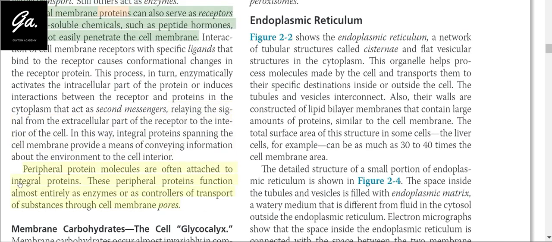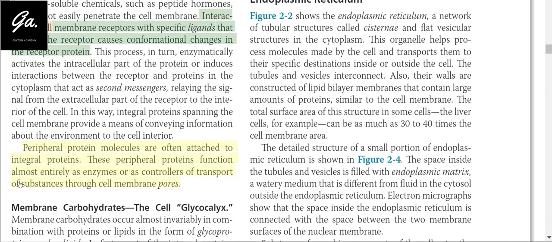Integral membrane proteins can also serve as receptors for water-soluble chemicals, such as peptide hormones, that do not easily penetrate the cell membrane. Interaction of cell membrane receptors with specific ligands that bind to the receptor causes conformational changes in the receptor protein.